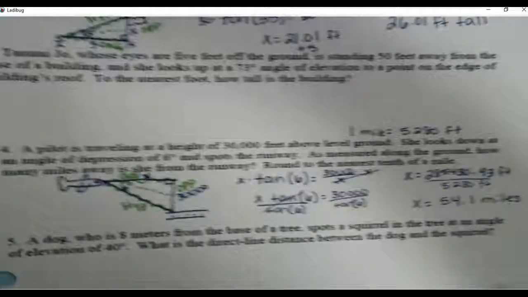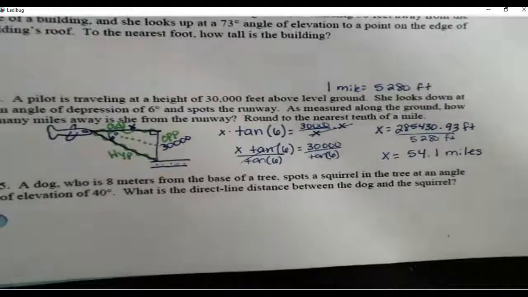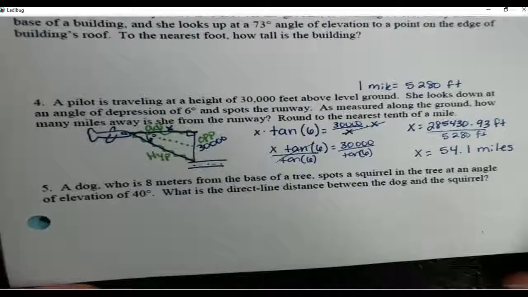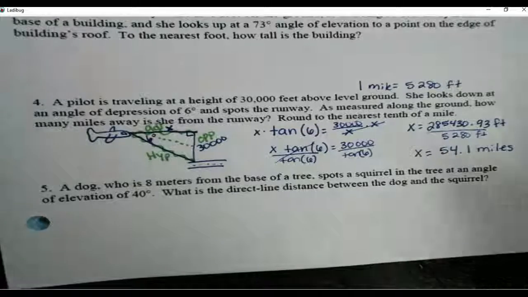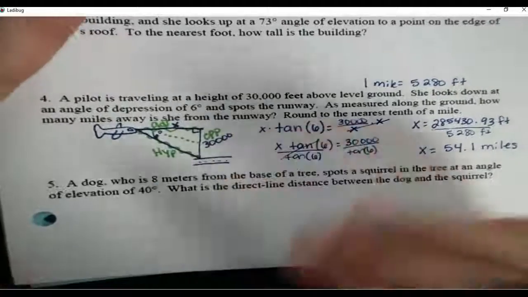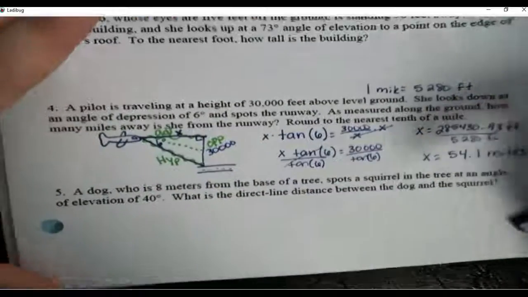Oh, let's do one more. So our last one says a dog who's 8 meters from the base of a tree spots a squirrel in the tree at an angle of elevation of 40 degrees. What is the direct line distance between the dog and the squirrel? So we have a dog down here. Don't make fun of my dog drawing.